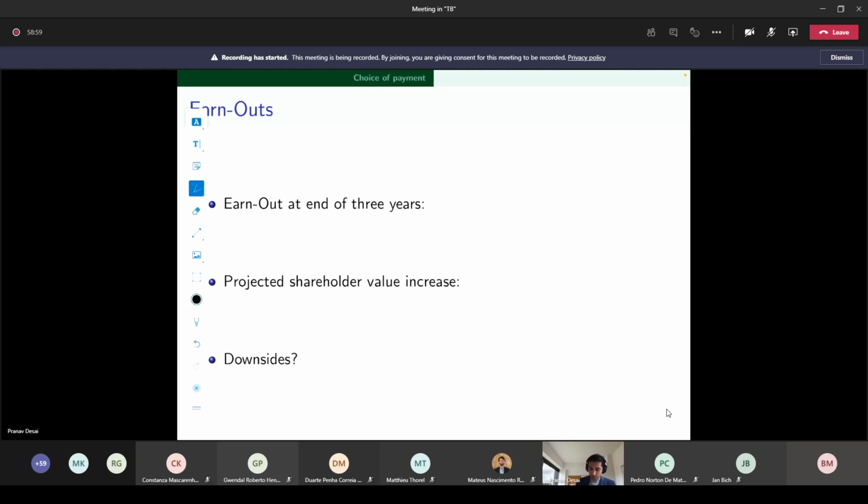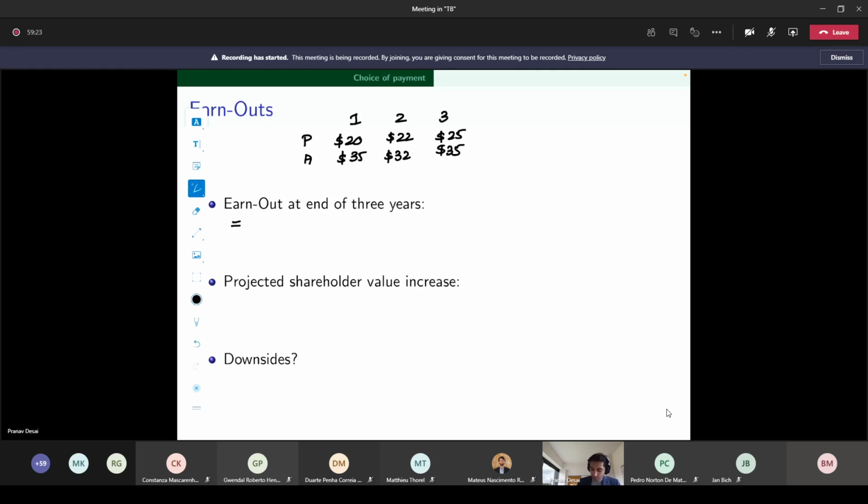So the earnout in this case is going to be based on the projected cash flows. So these are projected, these are realized or actual for each year. It's year 1, year 2, and year 3.